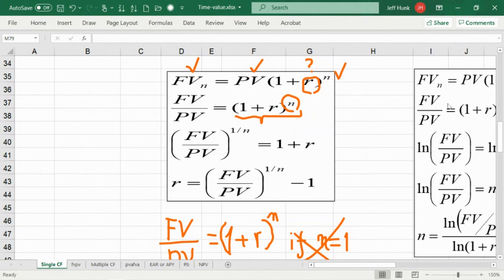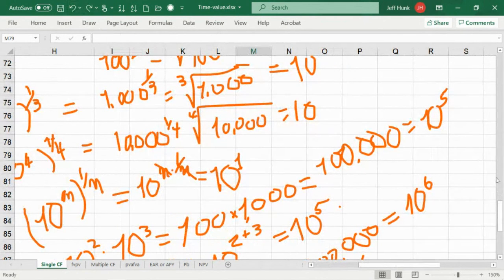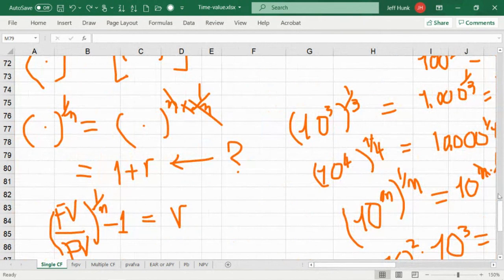So some people just skip everything, and finance textbooks just give you the end result without any explanation.